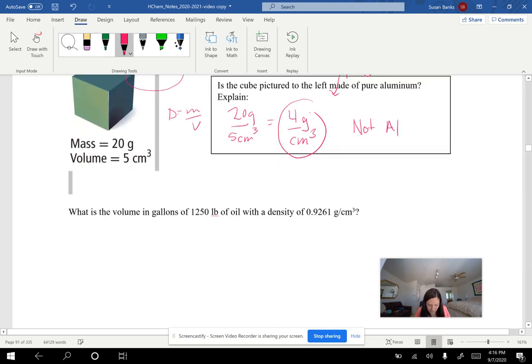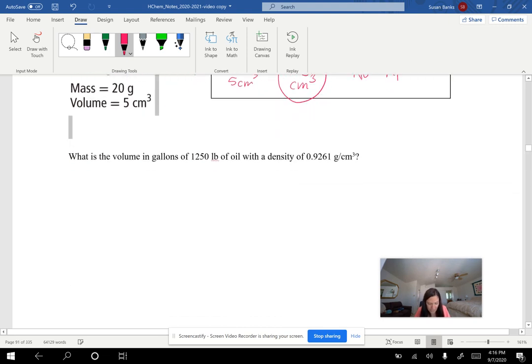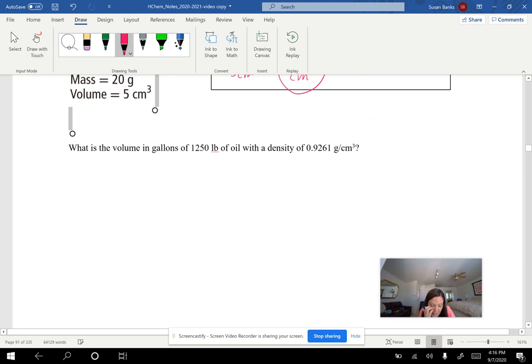All right, last but not least, what is the volume in gallons of 1,250 pounds of oil with a density of 0.9261 gram per centimeter cubed? Okay, so we need to convert the pounds to grams.